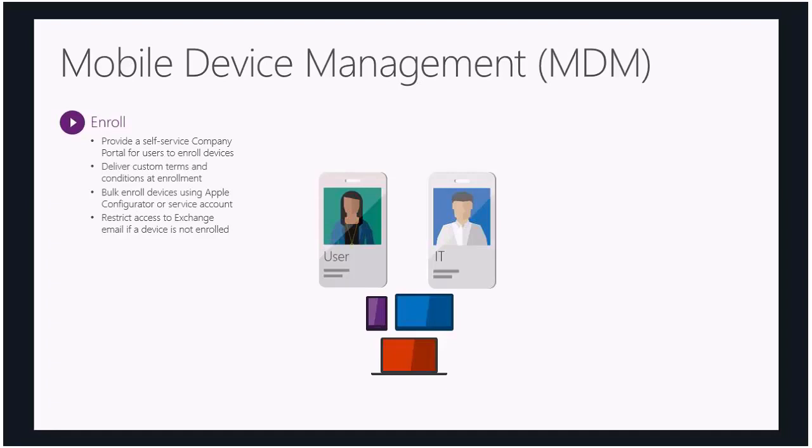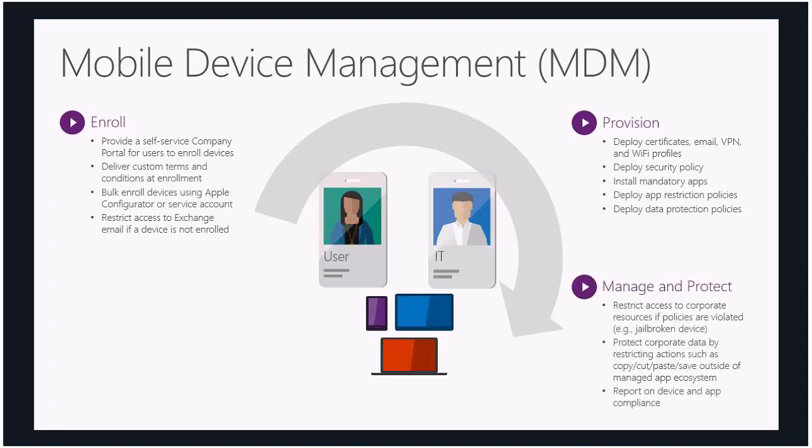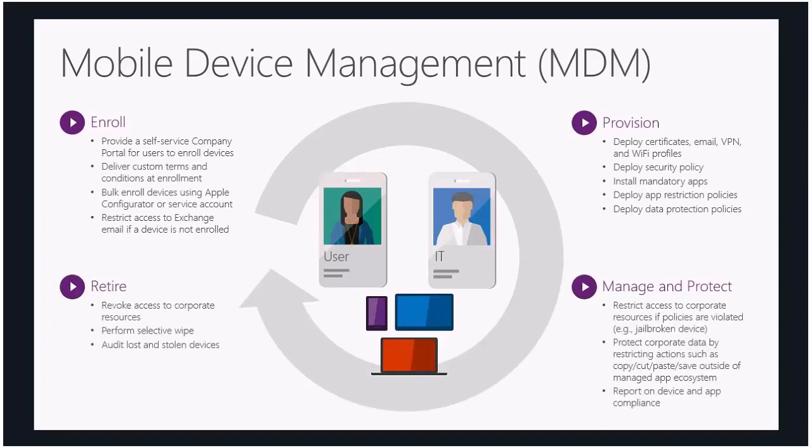These might come directly from iTunes or from the App Store or Google Play, and it's a subset of applications that you find to be valuable organizational applications. You can provision those applications out there. You can manage and protect those applications just like with mobile device management, and you've also got full device control to employ policies, and you can do bulk enrollment and other things of that nature.